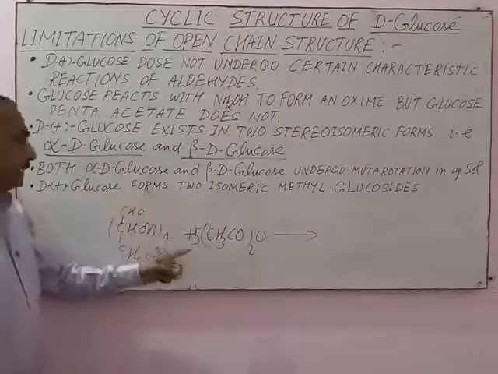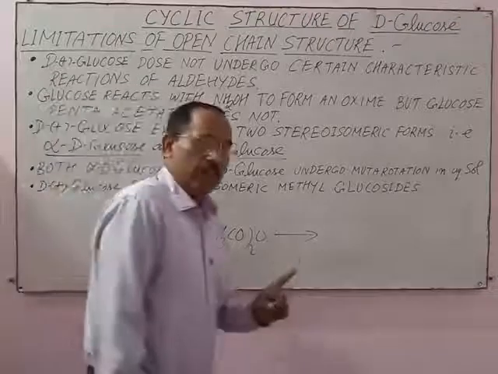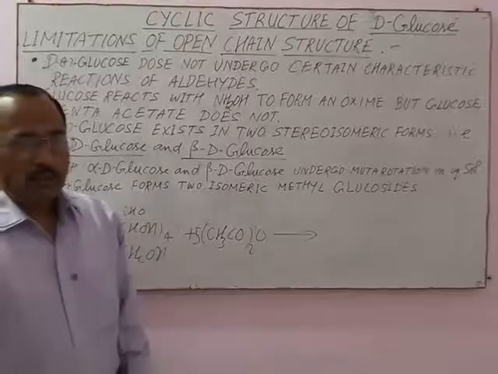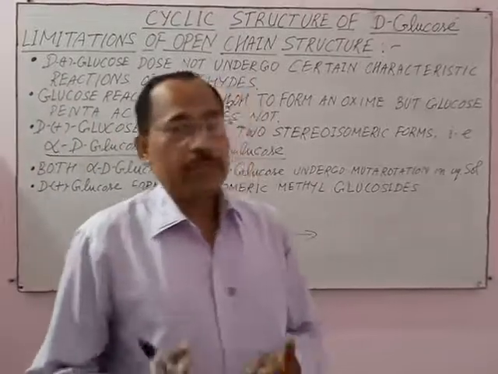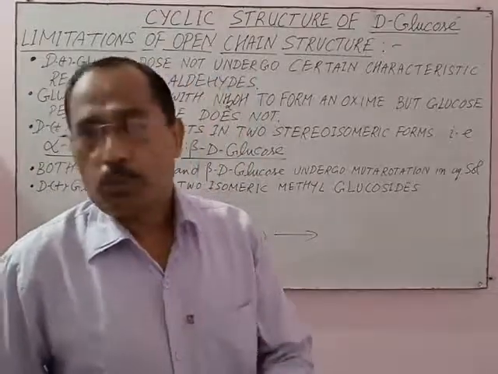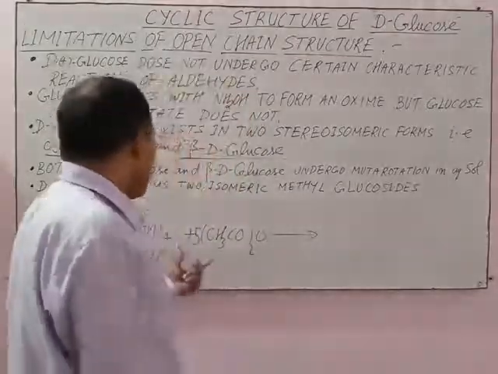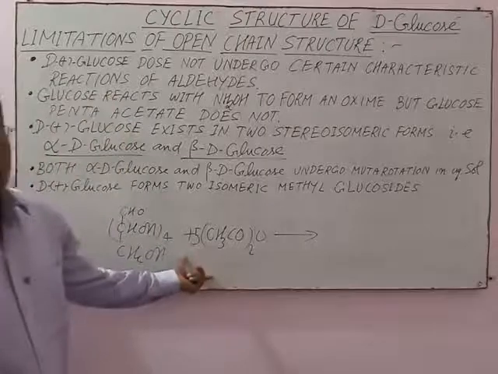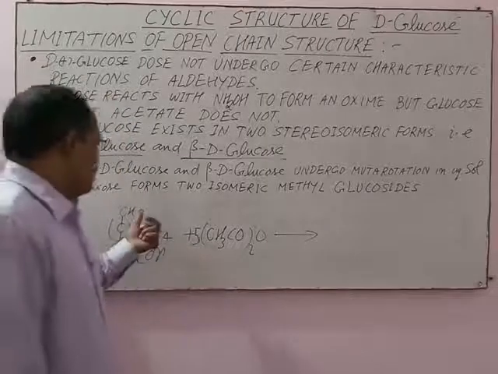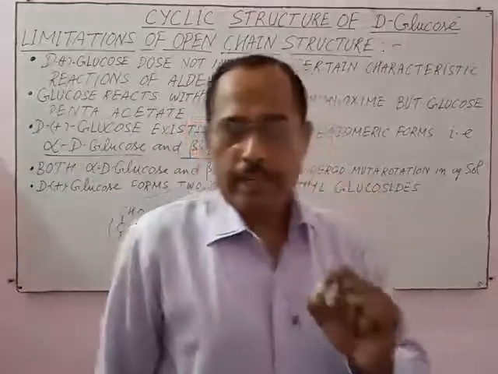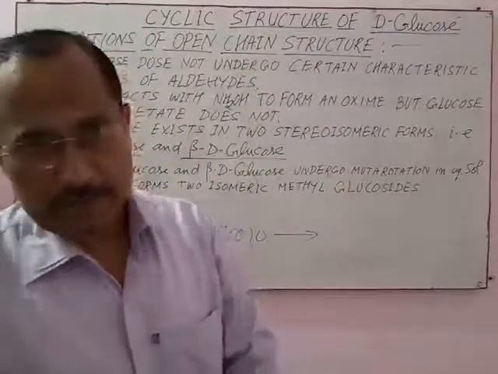And glucose pentaacetate does not react with hydroxylamine, which indicates the absence of a free CHO group in the glucose molecule. Because in glucose pentaacetate, the free OH group at the glycosidic carbon is absent.